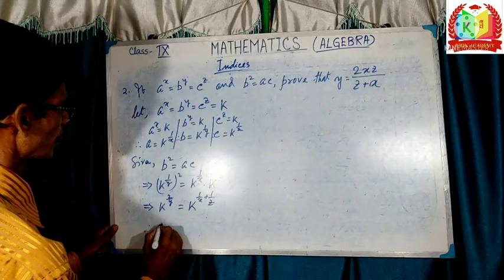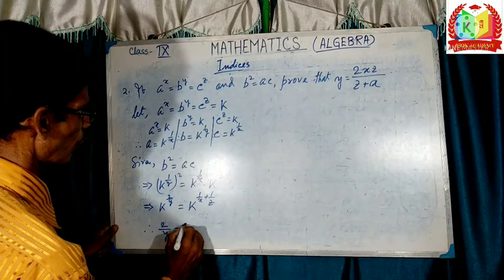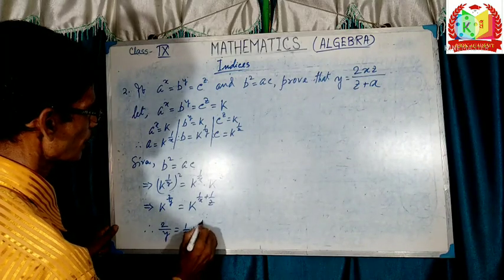Therefore, 2 by y equal to 1 by x plus 1 by z.